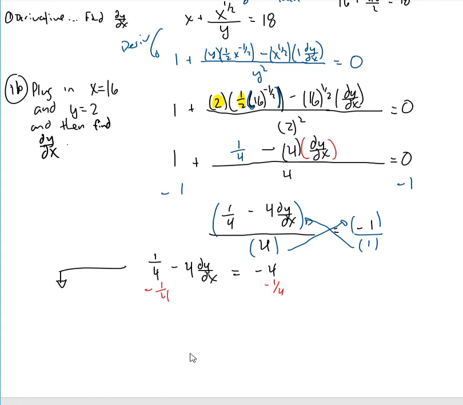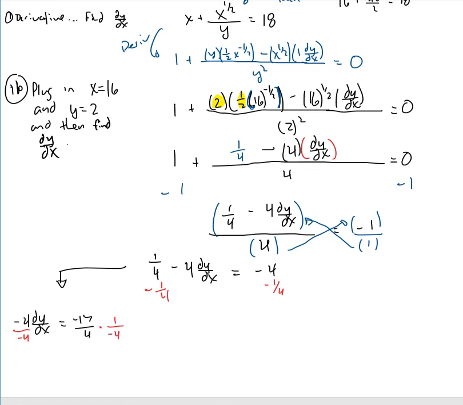Okay, so those zeroed out, I have the -4 dy/dx equal to, if I were to get a common denominator, it would be -17/4. And then our last step is to get dy/dx all by itself. So that means I should divide by -4, or you could think of it as the same thing as multiplying by the reciprocal of -4.